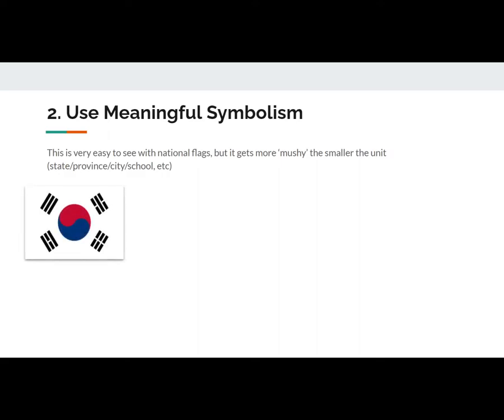So again, with Korea, meaningful symbols of the 4 trigrams, meaning the spring, summer, autumn, winter, or earth, wind, fire, and water. Those are 4 dualities. And then we have the duality of yin and yang, of the passion and the calm. So we have everything has meaning.